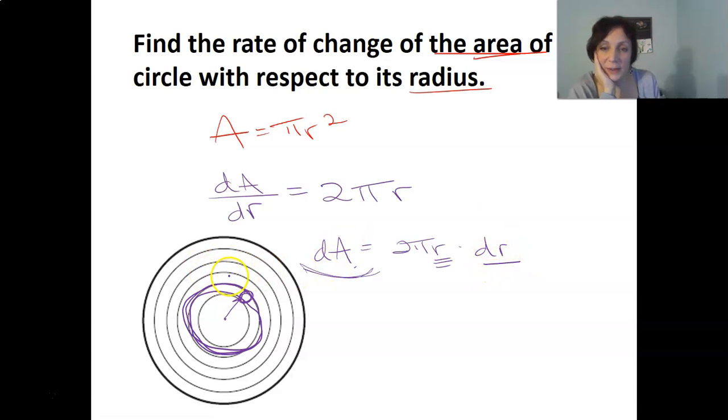So notice if I add this ring right here, I'm adding less area than if I come out here and add this final ring. In other words, my dr might be the same. The amount by which I change my radius might be the same, going from first ring to second ring, or fifth ring to sixth ring. But what's different is my starting radius. So if I'm going from fifth ring to sixth ring, I have a larger radius to start with.